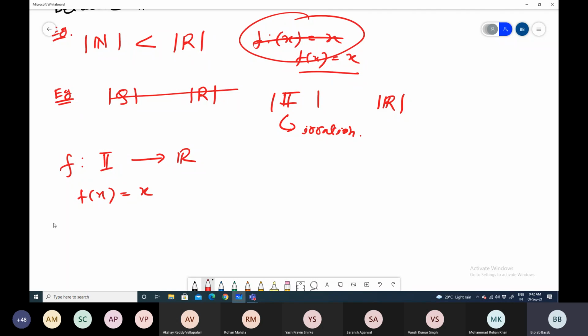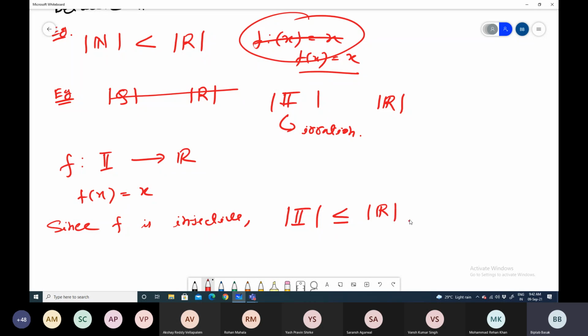Now clearly f is injective, right? Since f is injective, we can say that cardinality of the irrational numbers is less than or equal to the cardinality of the real numbers.